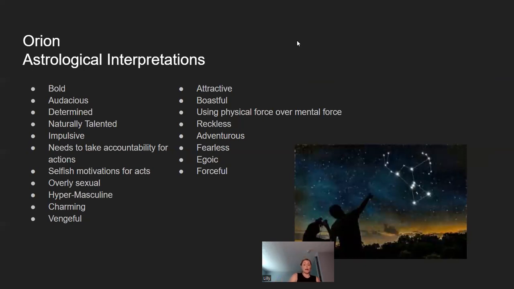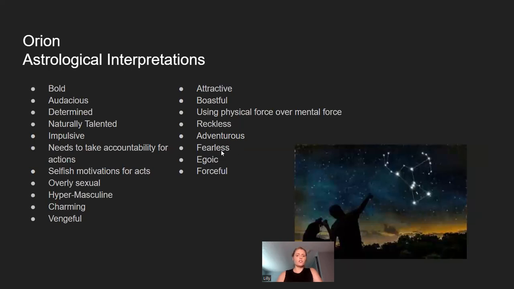So Orion astrological interpretations, if somebody has Orion alignments, they might be very bold, very audacious, determined, naturally talented, impulsive, needs to take accountability for their actions, selfish motivations for acts, overly sexual, hyper masculine, very charming, vengeful, attractive, boastful, using physical force over mental force, very reckless.